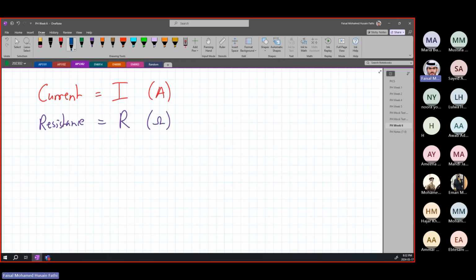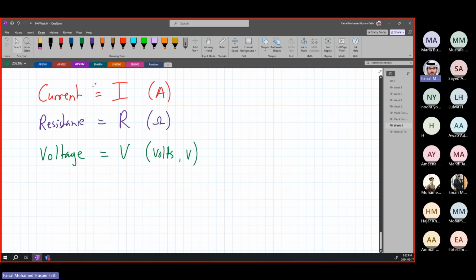And we have our voltage, which is V, and the units for it is volts, which is also given as V. All right, so A, which is amperes, and this symbol is the Greek letter for ohm. Okay, these are the units for these three things.